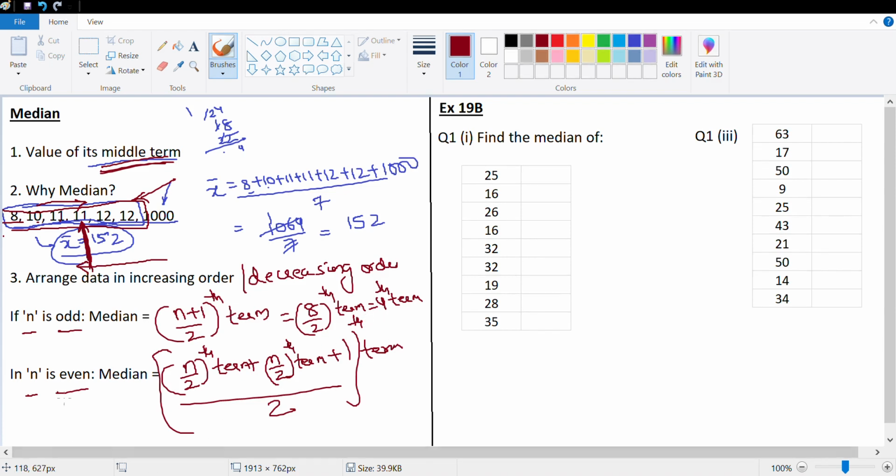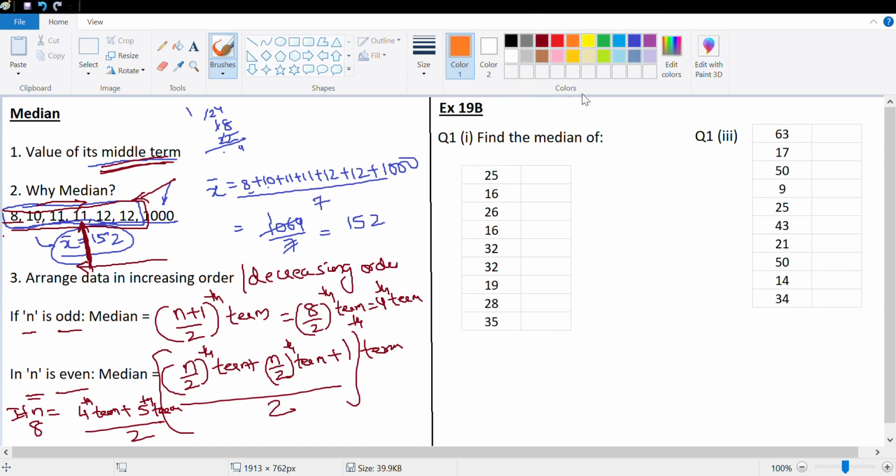In case n is equal to 8, n by 2 is the fourth term, plus n by 2 plus 1, which is 4 plus 1, the fifth term, upon 2. So we take the fourth term plus the fifth term upon 2. Let's solve some questions. This will be much clearer.